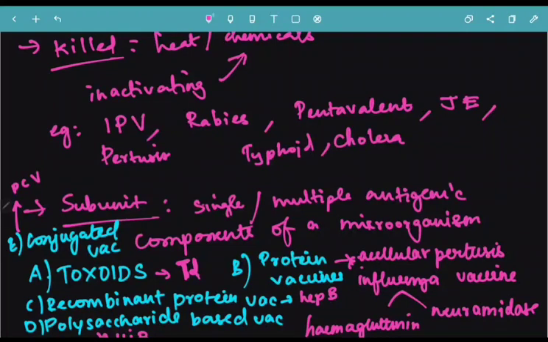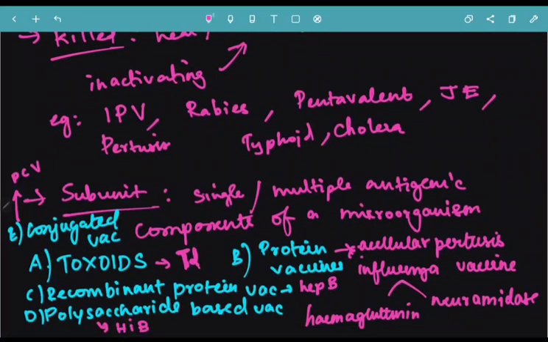For protein vaccines you have acellular pertussis vaccine and influenza vaccine using hemagglutinin and neuraminidase. In toxoids you have tetanus toxoid. In recombinant protein vaccine you have hepatitis B. In polysaccharide based vaccines you have Haemophilus influenza B. And in conjugated vaccines you have pneumococcal and meningococcal vaccines.